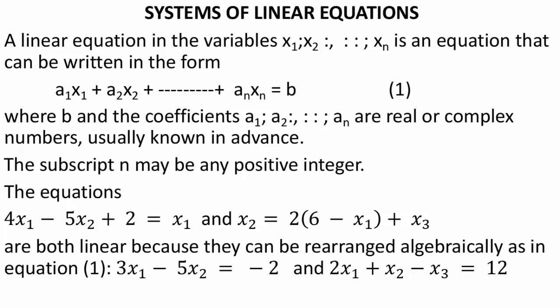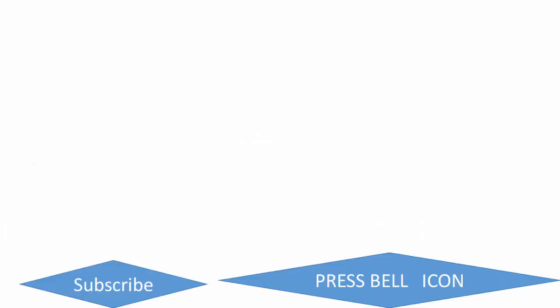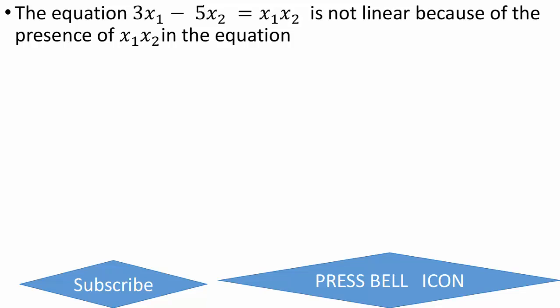How to check whether the equation is linear or not? It can be checked by checking the powers of every term containing the variable. If powers of every term containing the variable is 1, then we can say that the equation is linear. The equation 3x1 - 5x2 = x1 x2 is not linear.